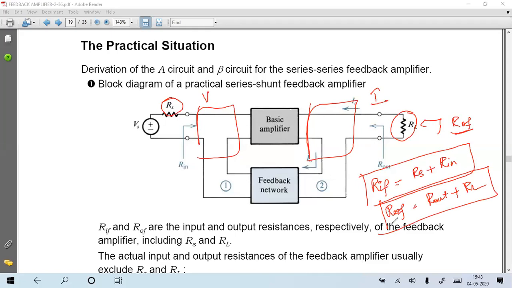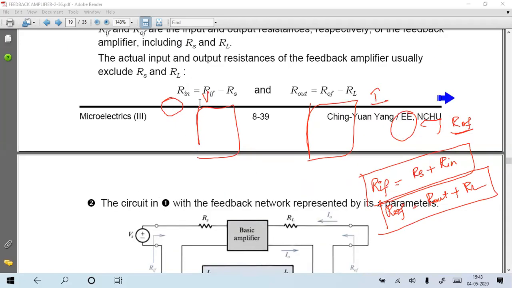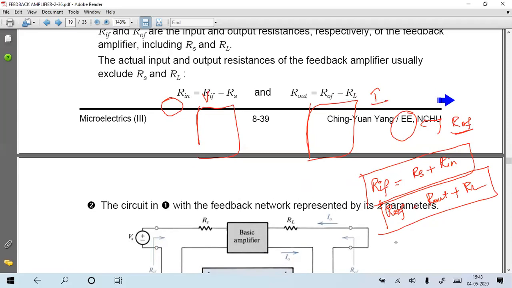Getting it? Now, if you want to find Rin, it is RIF minus RS, and in the same way Rout is R0F minus RL. So I can find these two very easily.